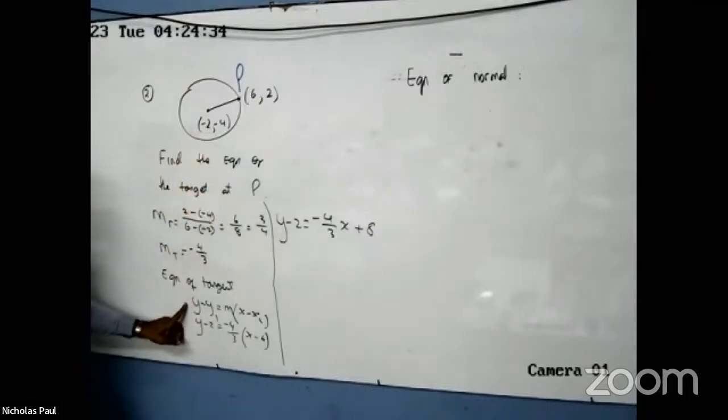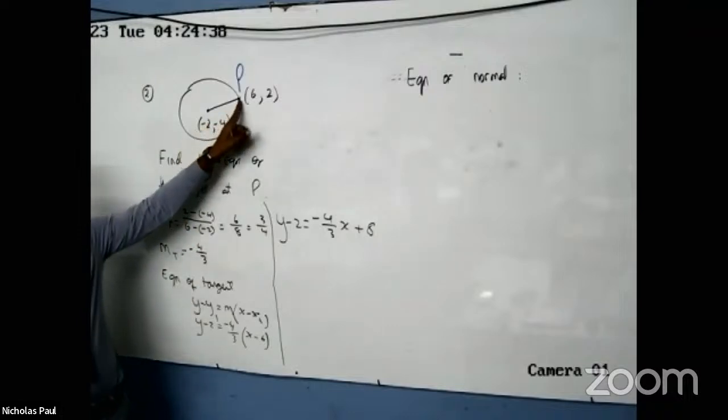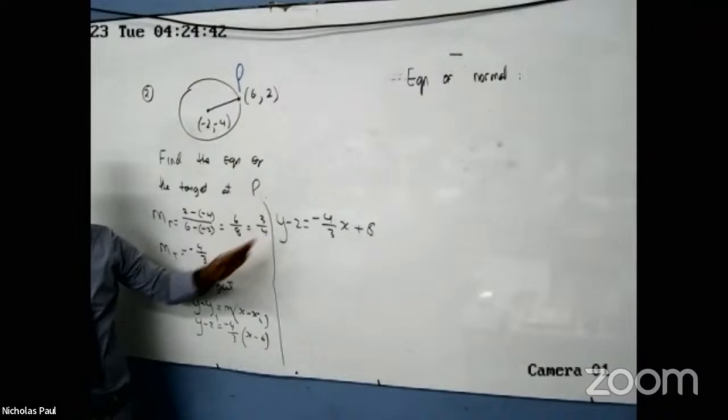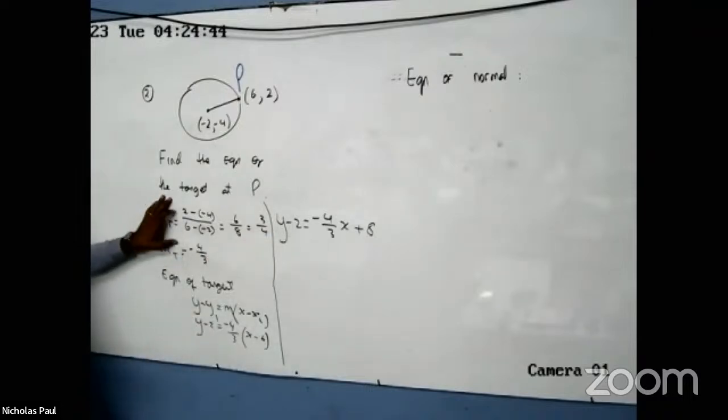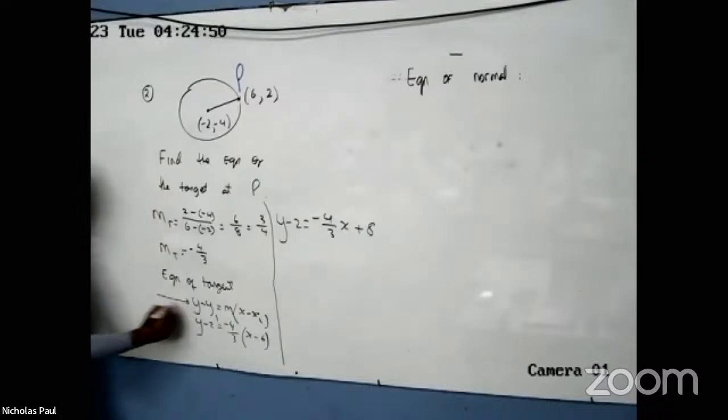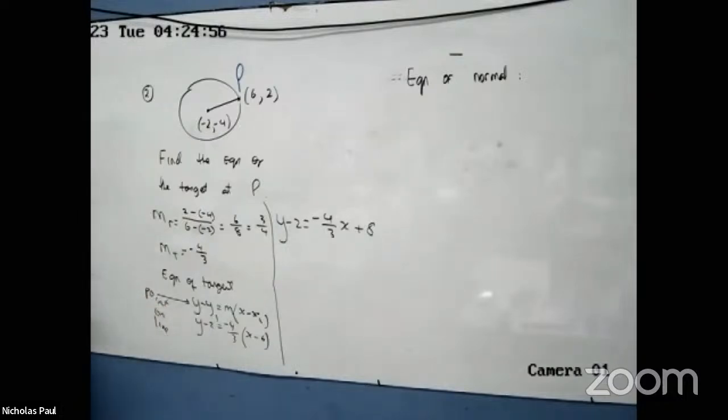When you're using the equation of the tangent, you're using the point on the line, which is 6, 2, and the gradient. So it doesn't matter what you use for x1, y1 here. What you're using here is the point on the line. Okay.